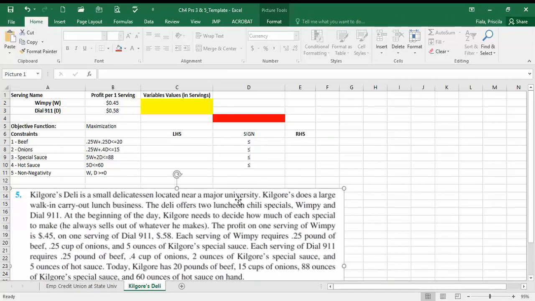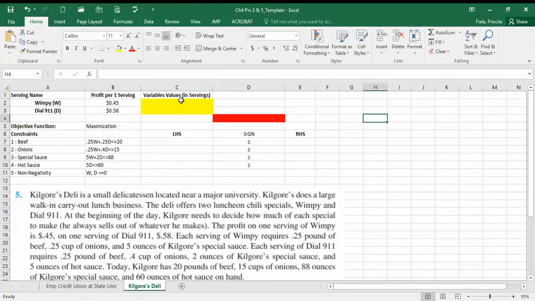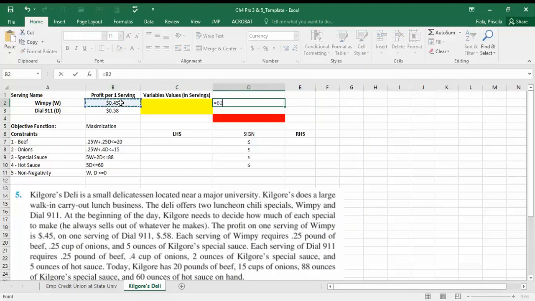Let's go ahead and solve it so it makes more sense. Well, right here, for the decision variables, that's the result that it's going to give us, correct? But we also want to know in dollars how much it's going to be. So let's start by doing, it's 45 cents per serving, so times whatever we find in how many servings.